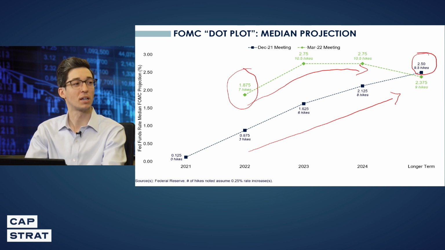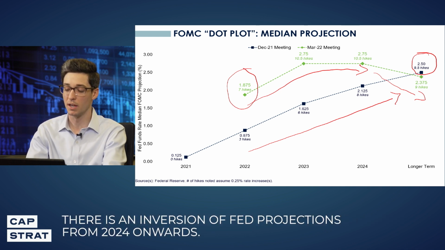And then we're going to start cutting, actually, because our longer term estimate has now come down. So we think the economy no longer can support a 2.5% longer term federal funds rate. It's actually weaker than we thought. And perhaps it will be weaker because we're going to hike so aggressively in 2022, but now it can only support 2.375 long-term in a federal funds rate.